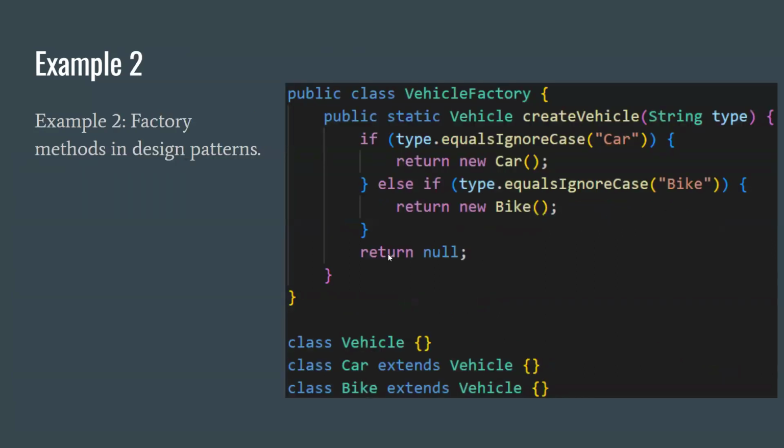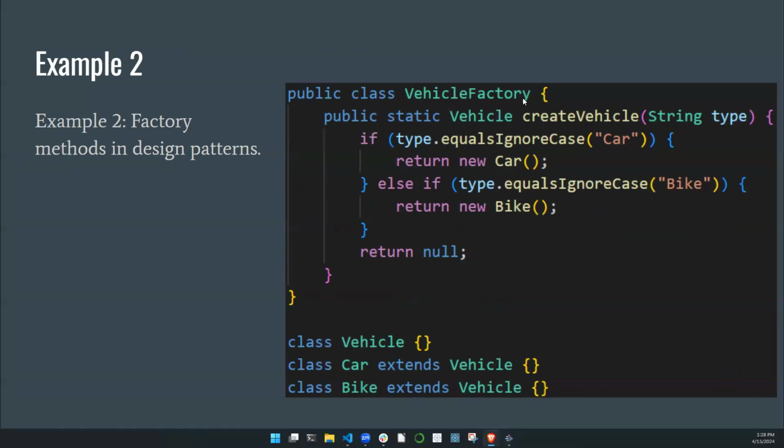Here is another example. Factory methods in design patterns are often implemented as static. We can see that we have this public class called VehicleFactory, and we have this createVehicle static method that returns a vehicle.